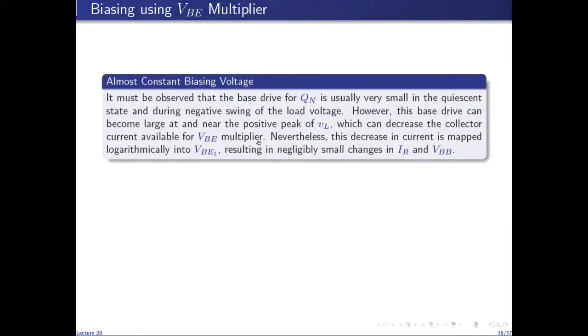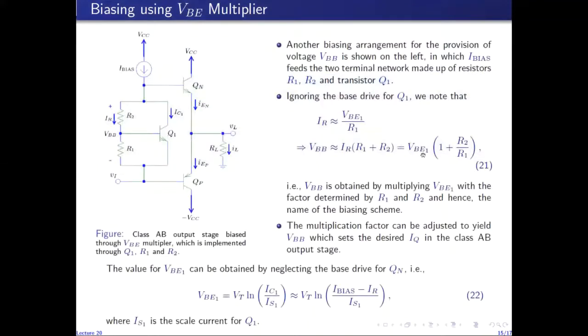So this is what I've written here. This decrease in current is mapped logarithmically into VBE1. So this logarithmic dependence results in negligibly small changes in VBE1, which means that the corresponding changes in VBB and IR will be negligibly small.